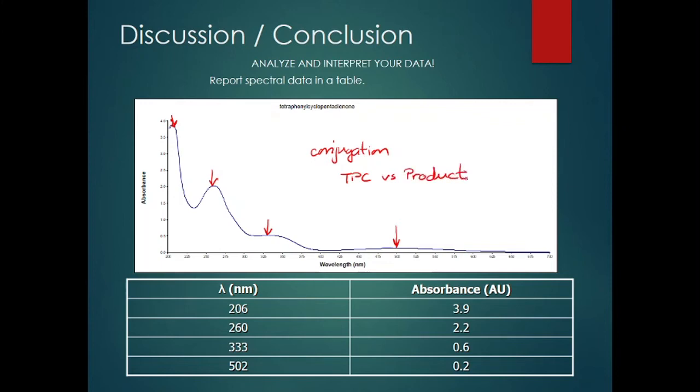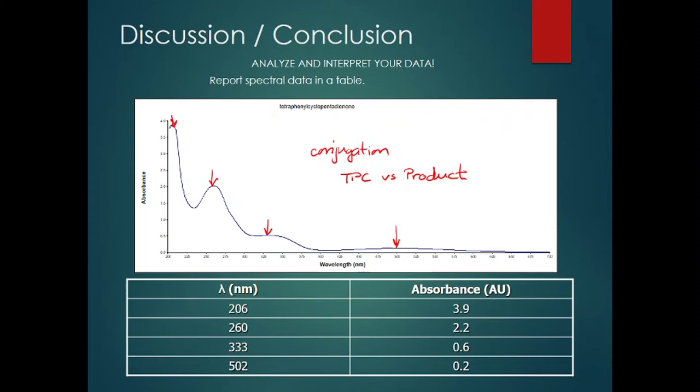And we want to correlate that with TPC versus TPN. Which of those two molecules should be more conjugated? If the TPN is in fact more conjugated than TPC, and the UV visible spectrum says the product is more conjugated, then we may have TPN.